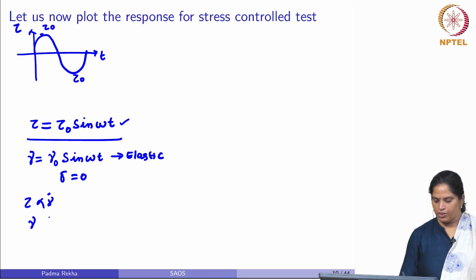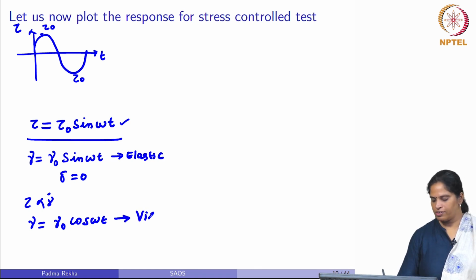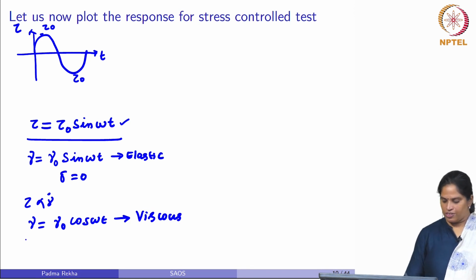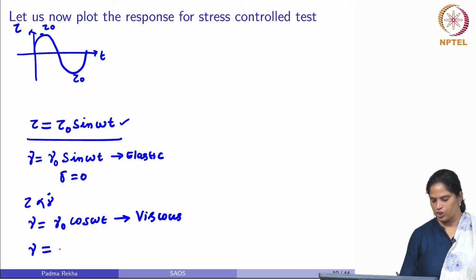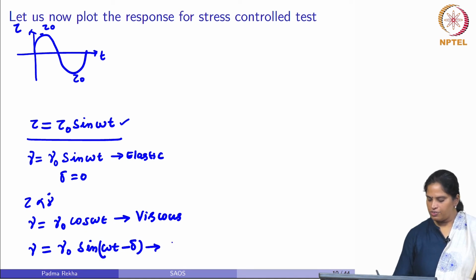So, the gamma is going to be a cos function. We can write it as gamma naught cos omega t. So, this is viscous. If it is viscoelastic, the response function is going to be gamma naught sin omega t minus delta, since stress leads strain.